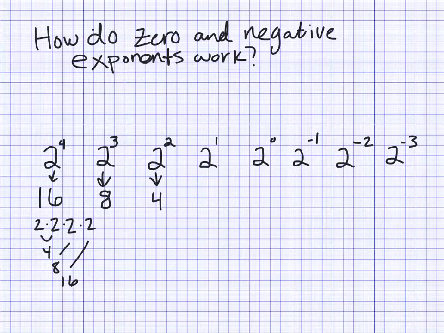Now at this point I want to back up a step, and I want us to look just at the numbers that we just wrote down. So as we go from 16 to 8 and then 8 to 4, what's happening? How can we predict the next number in the pattern just by looking at these ones, not by thinking about the exponents? Pause for a moment, talk to your neighbor, tell them what you see.